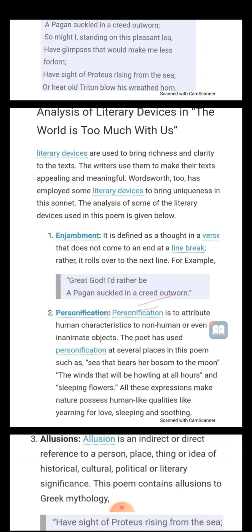The idea doesn't stop there, it continues with another line. So it is known as enjambment. So when he says, it moves us not, great God, I would rather be a pagan suckled in a creed outworn. So this is the example of enjambment.